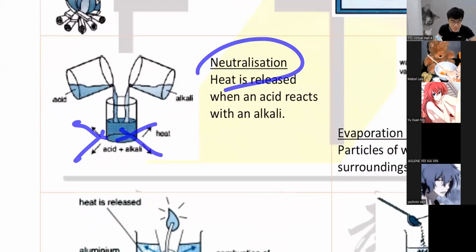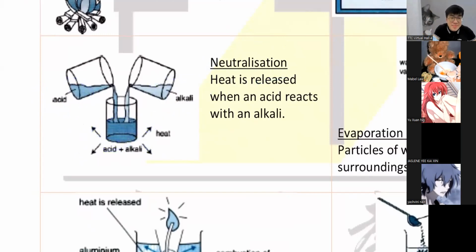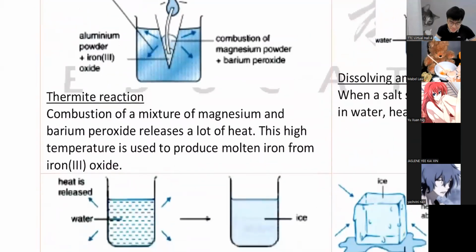That means when you add acid and alkali, your cup will become hotter. Maybe just a bit. Guys, this one you don't get a lot. Maybe you will get a 1 or 2 degree increase. Very small increase. But it's still exo. It's a very slow exo, but it's still exo. So that's your exothermic reaction. That's your neutralization.